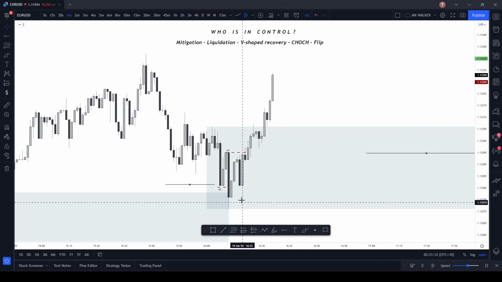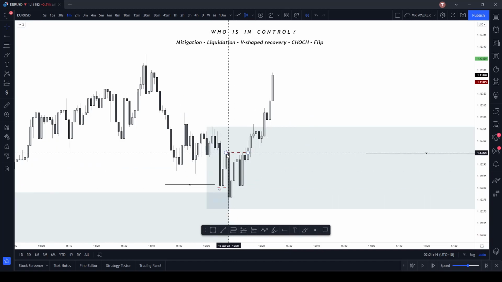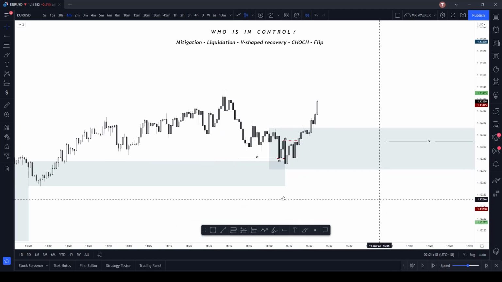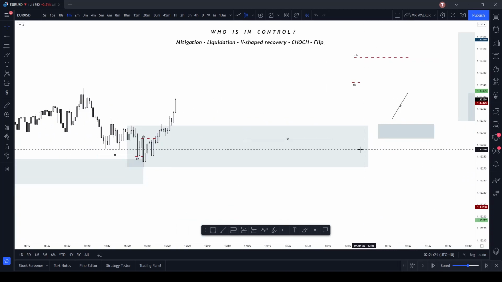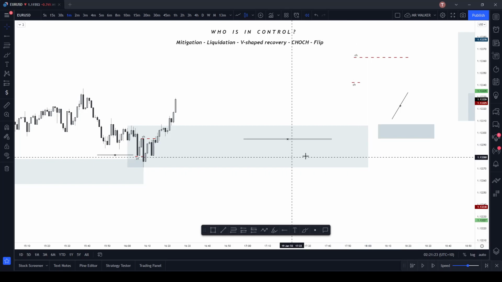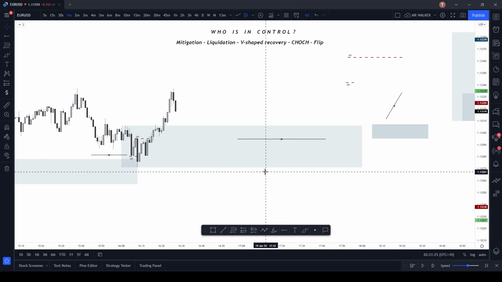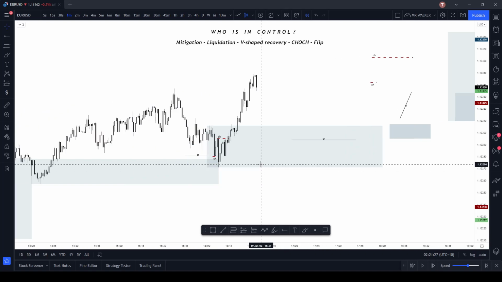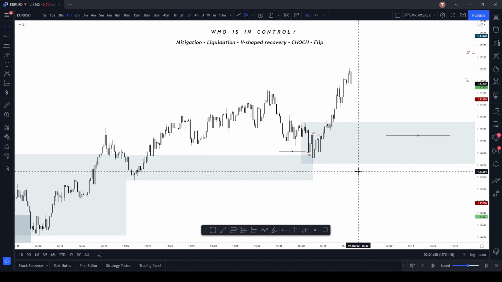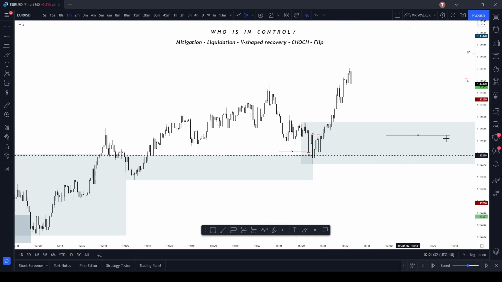So in this case, we receive our change of character, we receive our flip. So we may as well now enter from here. I don't know where it comes back to. But this is what we do normally when we are backtesting, right?